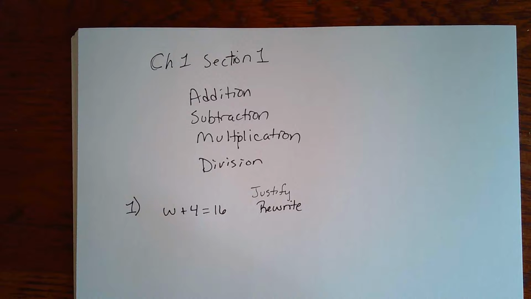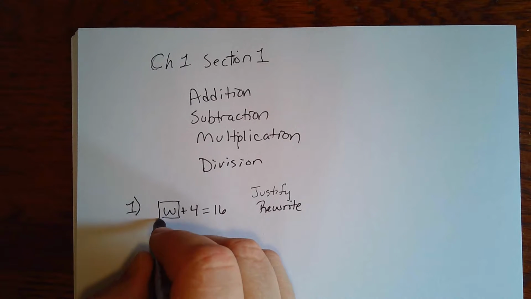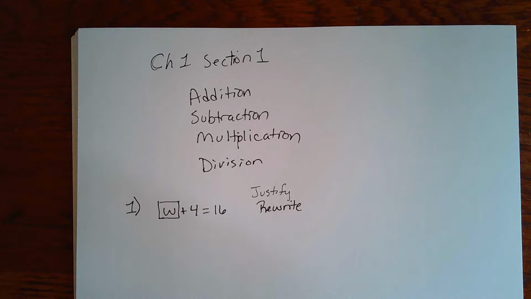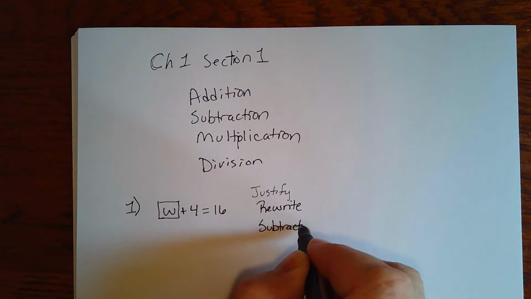Step 2 is, what do I have to do to isolate this W? Well, we look at what we have to use to get 4 across the other side, because that is the only number that's on the same side as W. Since 4 is held by addition, we do the opposite operation. The opposite operation in this case is going to be subtraction. So we say subtraction here in our justify step.